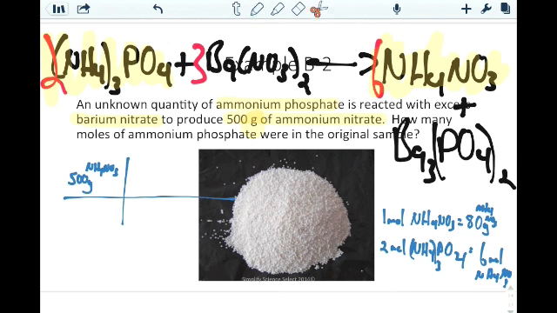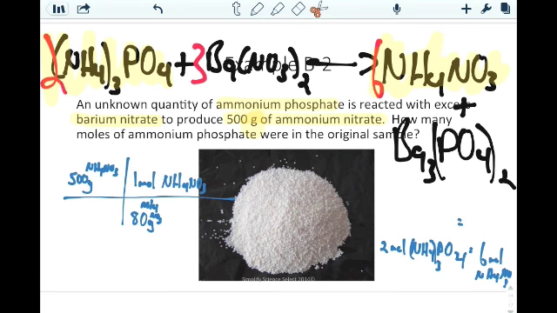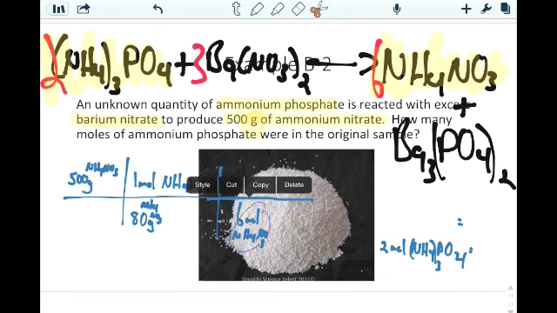Okay, so now that we have everything set up, we can set it up in our stoichiometric relationship or dimensional analysis over here. So 80 grams goes on the bottom. That equals 1 mole, which goes on the top. Continue it on out, because now that we have it in moles, we can convert into moles of ammonium phosphate. So we see that the 6 moles go on the bottom, because that's what we originally have.